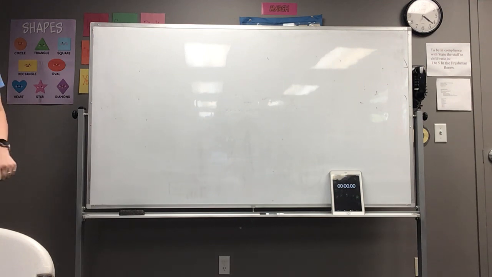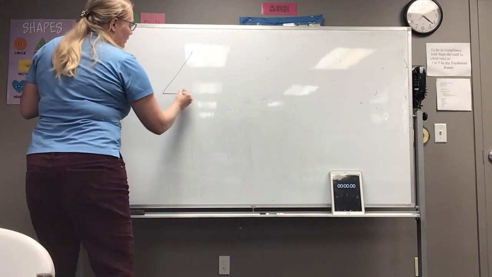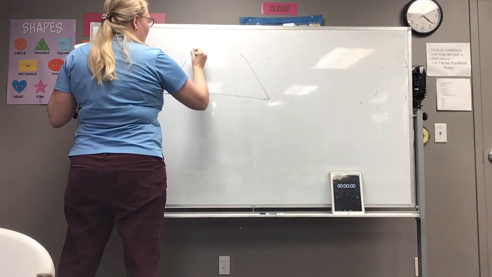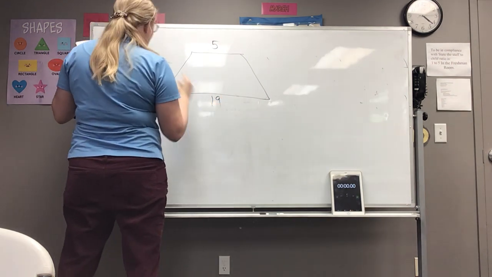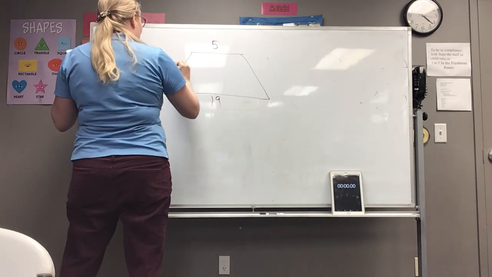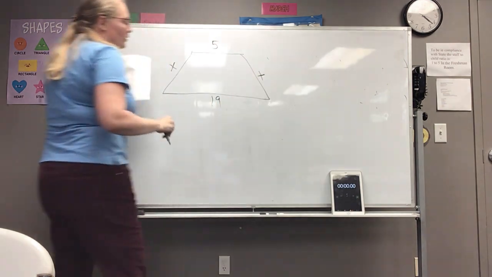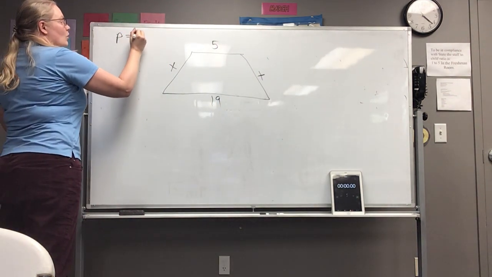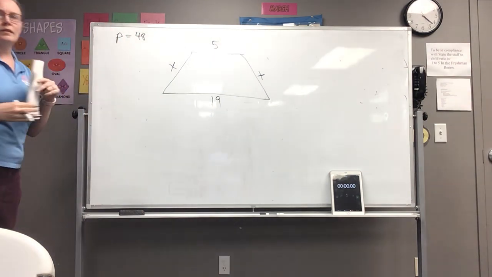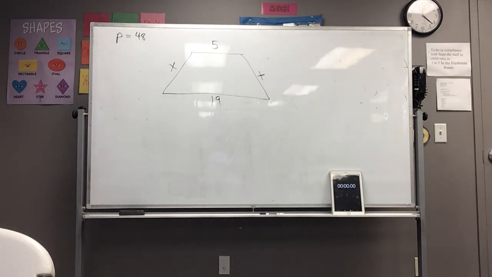So, the first thing is we have a trapezoid. We have a 5 up at the top, we have a 19 down at the bottom, we have x, and we have x. They're the same on both sides, and we're told that the perimeter equals 48. What is x?